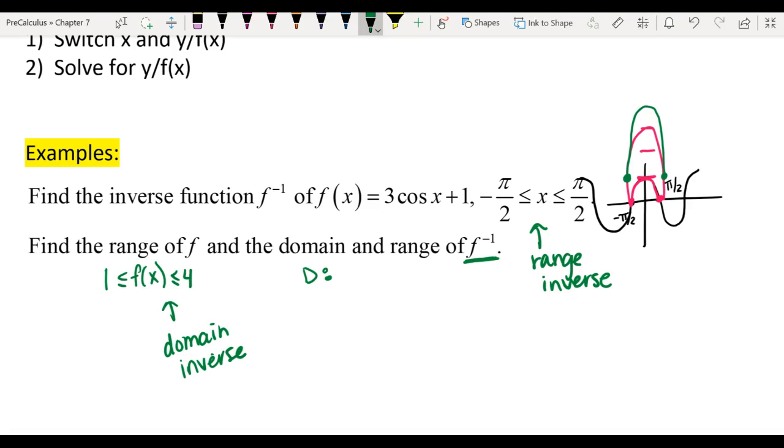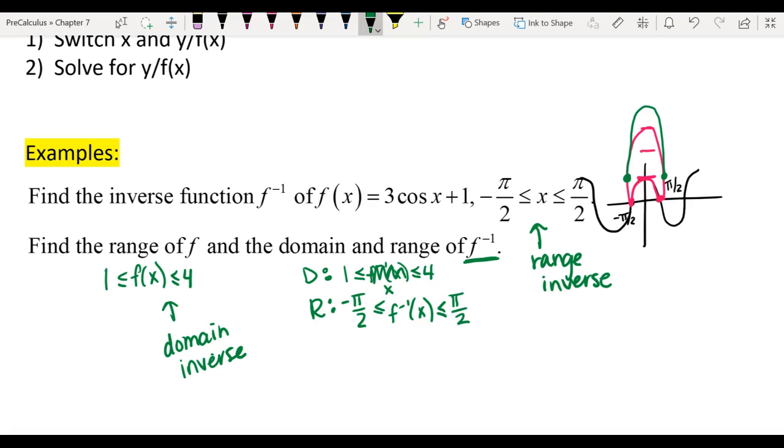So your domain would be 1 is less than or equal to x is less than or equal to 4. And your range is going to be negative pi over 2 is less than or equal to the inverse is less than or equal to pi over 2. Oh, I have these backwards. This should have been x. This would be the inverse. Sorry.